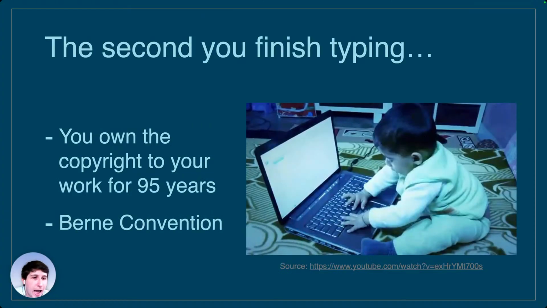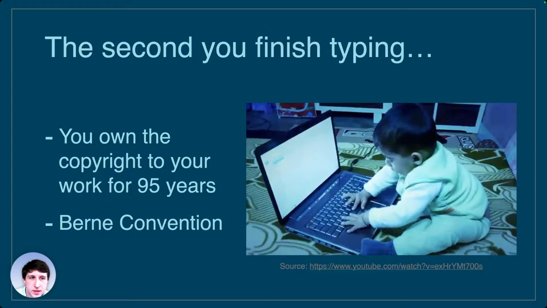So how does copyright law work with regards to open source software? As soon as you finish writing a work, whether that be source code, a novel, a poem, whatever it is, you immediately own the copyright. And that's not just true in the United States.